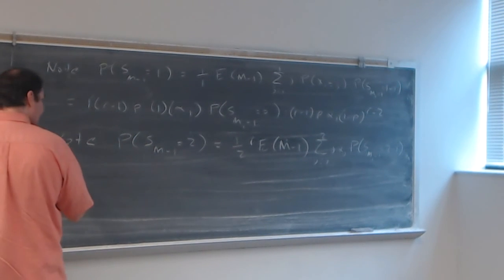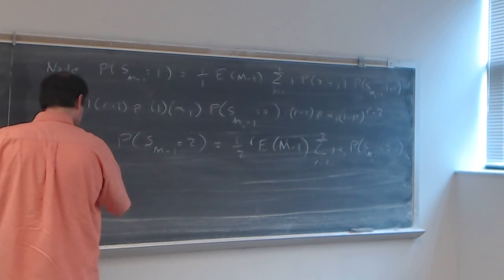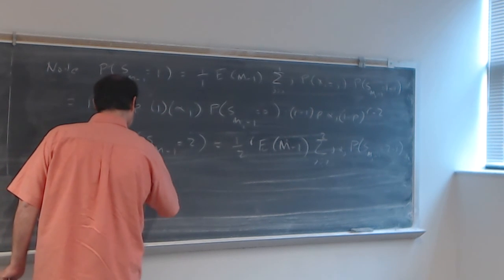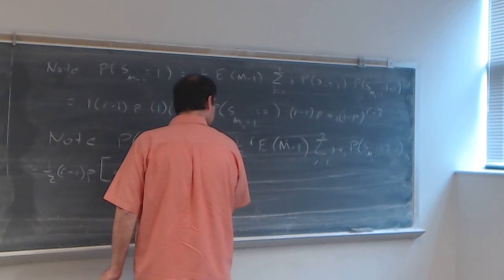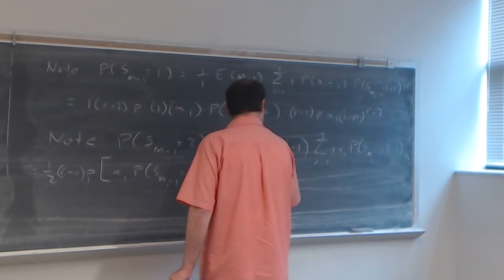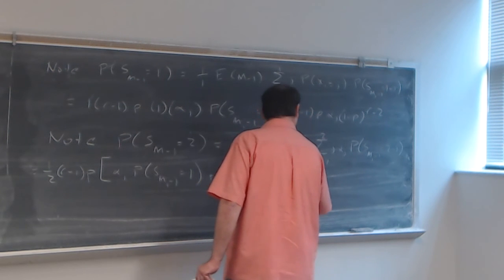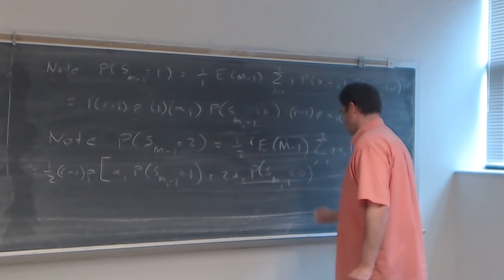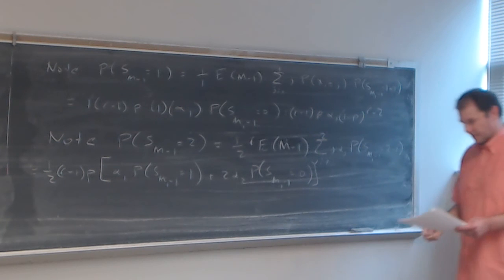Okay. This is equal to 1/2 times r minus 1 times p, times alpha sub 1 times the probability that s of m sub 1 minus 1 equals 1, plus 2 alpha sub 2 times the probability that s of m sub 1 minus 1 is equal to 0. All right, now this is something maybe not so hard to calculate.